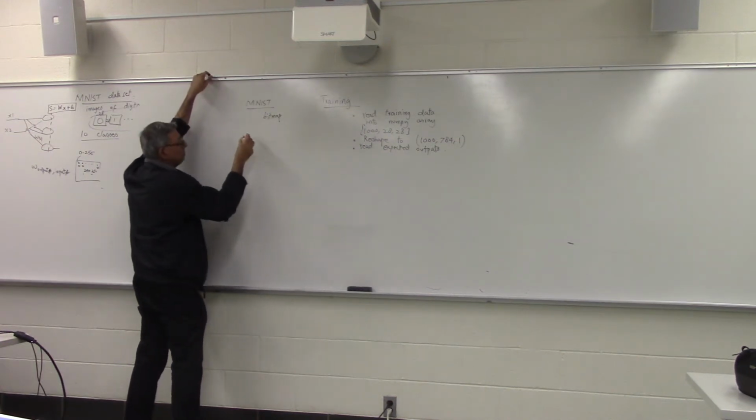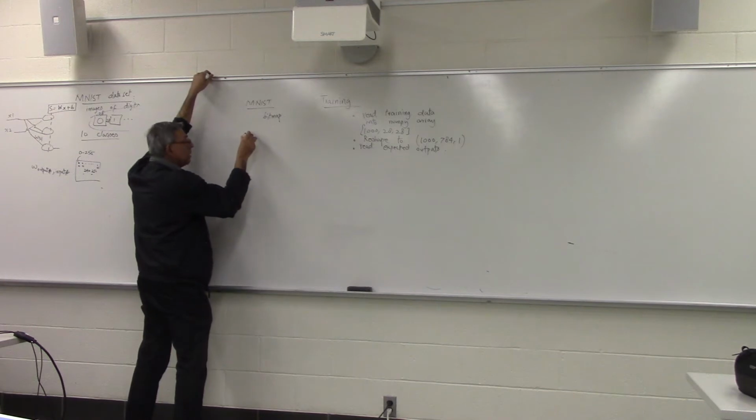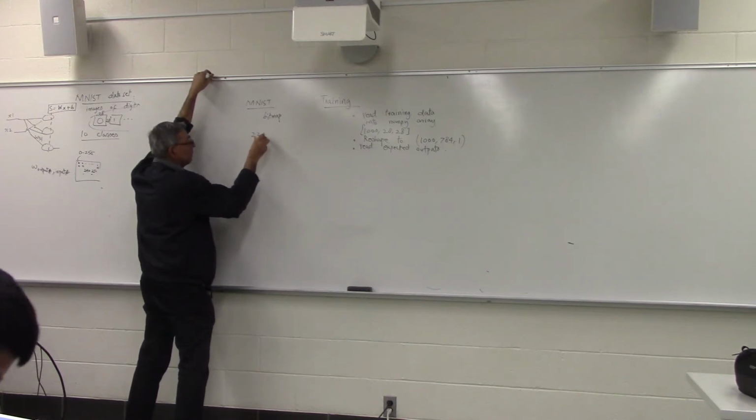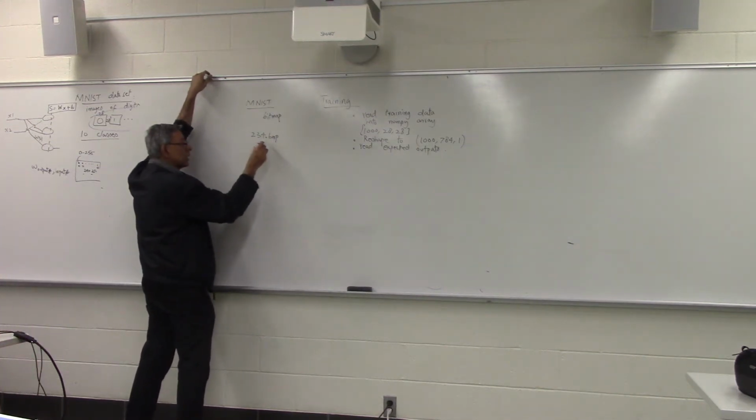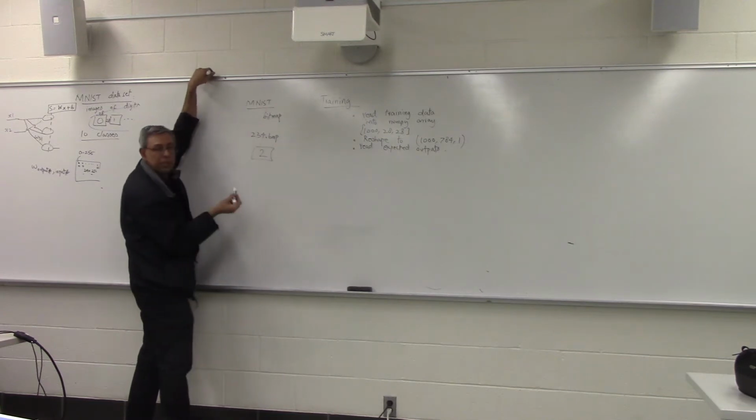So there will be a BMP file. For example, if the BMP file says 234.bmp, what does that mean? That means the digit is 2, and file number 34 or whatever, right?